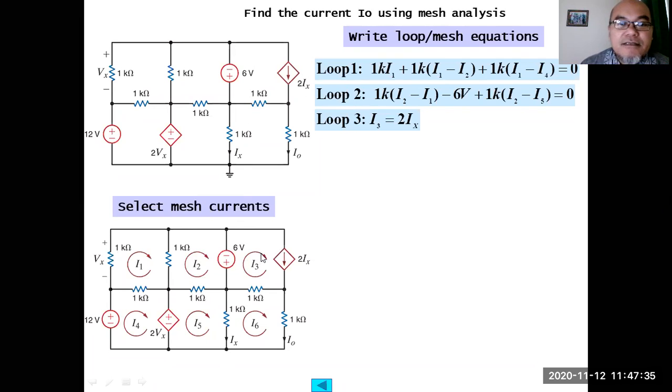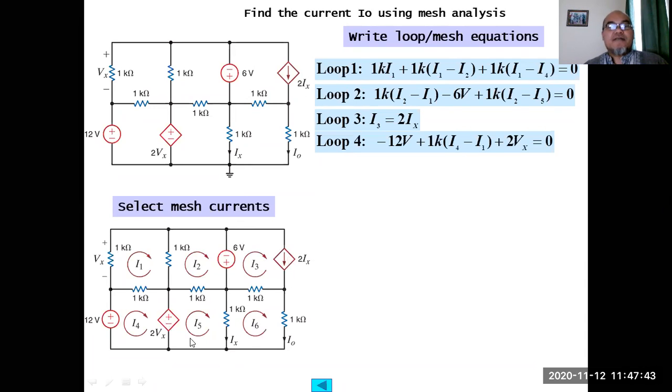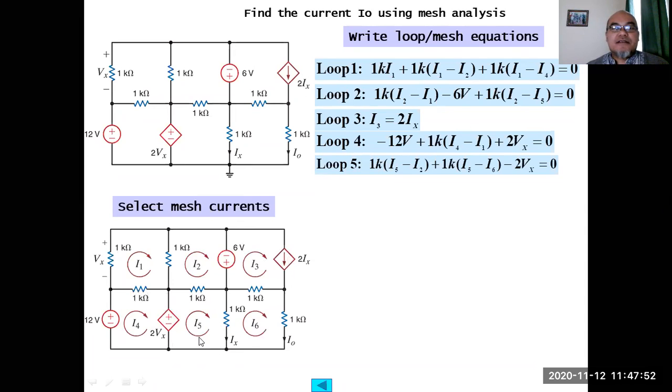Loop 3 is here, this is a current source, that's why I3 equals 2Ix. And loop 4 is here, negative 12 volt plus 1K times (I4 minus I1) plus 2Vx.